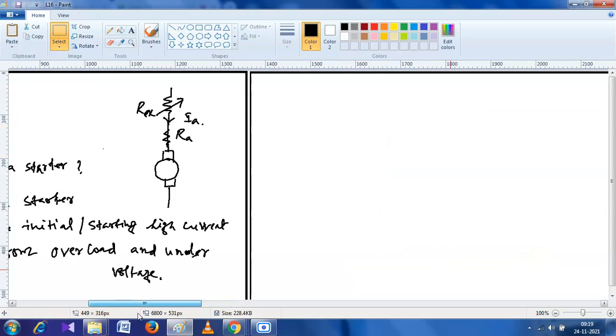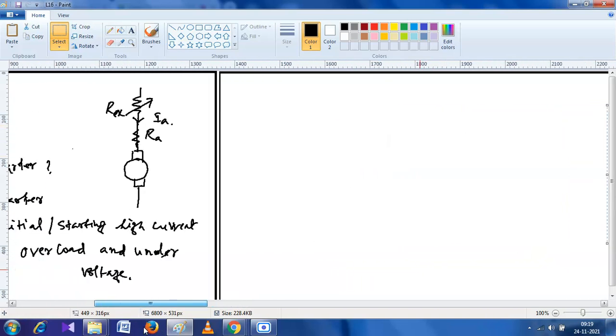What are the types of starter? There are basically three types of starter we use to start a DC motor.